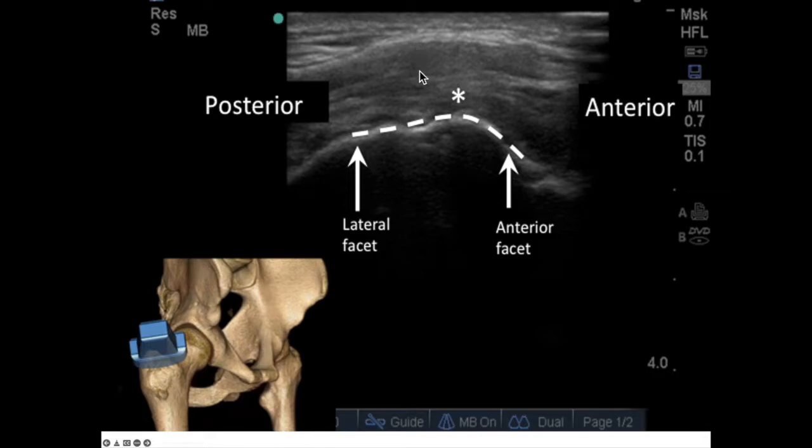Here is the fascia lata. It is a very clear structure, white, black, white, and then between the fascia lata and the tendon, you can see a hypoechoic space. This is where the bursa is supposed to be. So your needle, the target of injection, should be directed into this space, just superficial to the gluteus minimus and medius tendon.